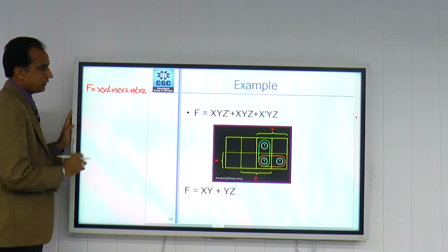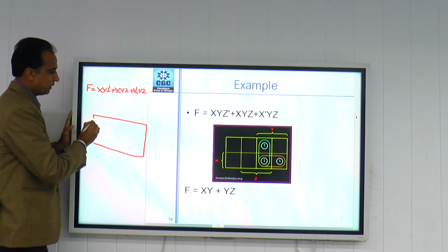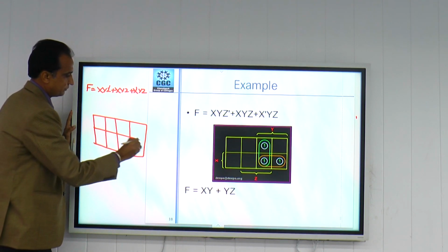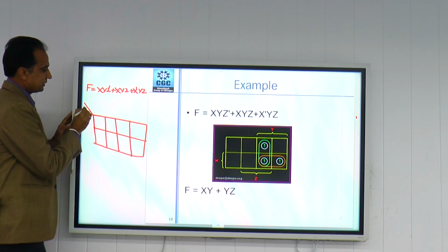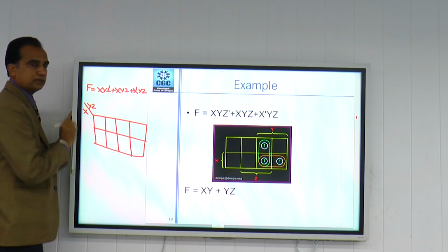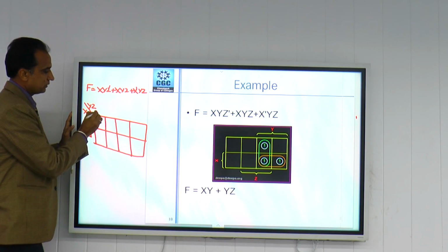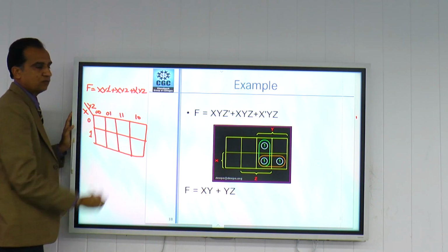Now three variables are there. So first of all, I have to draw a K-map which contains 8 square boxes. X, y and z.